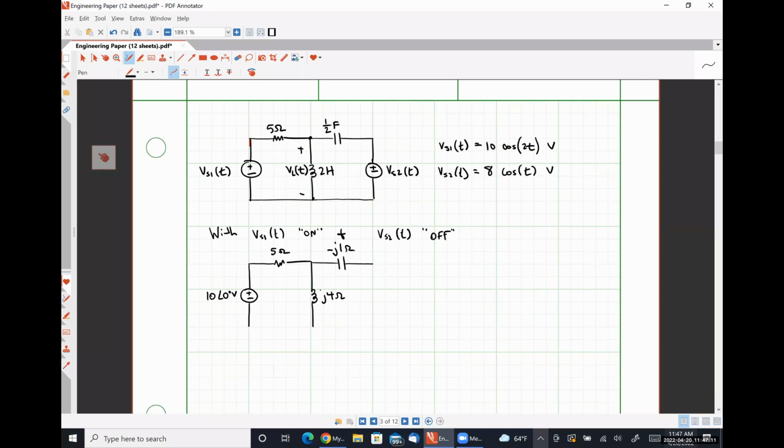And then our voltage source VS2 will simply be off. So we replace it with a short circuit. And our goal here is to determine phasor voltage VL prime, like so.